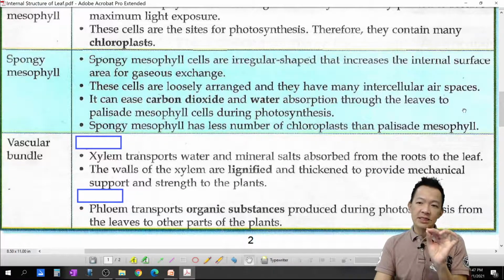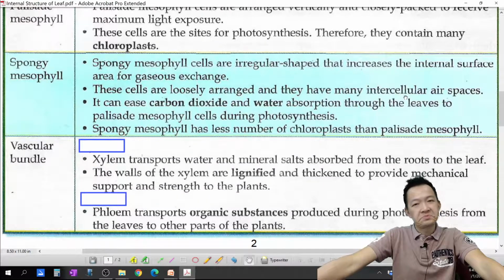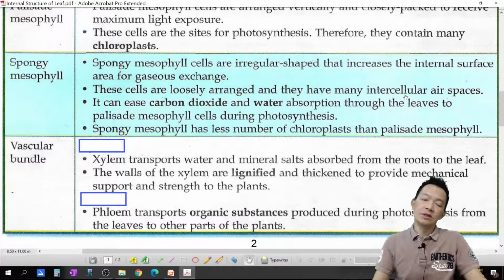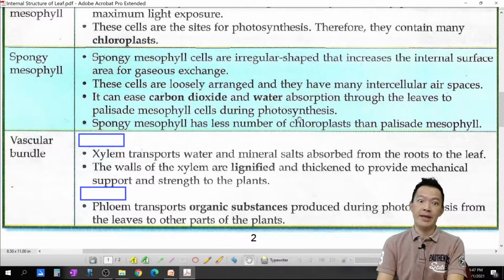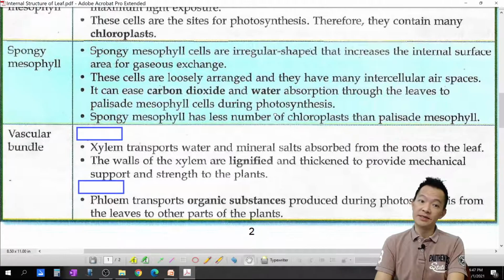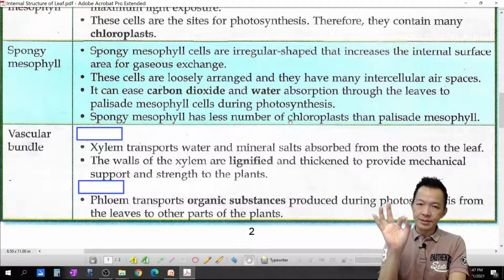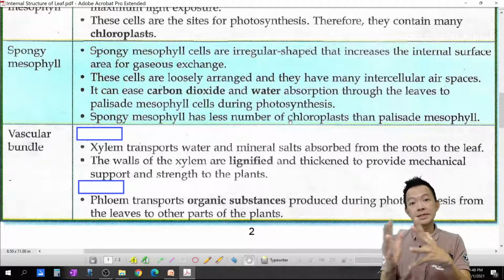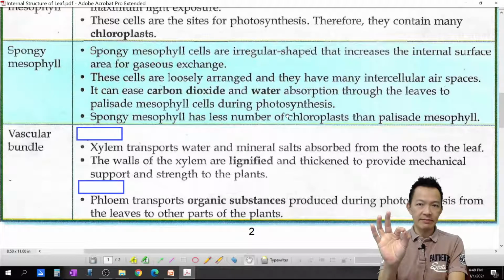When I give the answer, I just tell the answer. Do you think I memorize? Very little. I have so many subjects and lessons to memorize, so I don't memorize every word. If you understand, it's okay. So this is the reason why they arrange loosely: to let air pass through for gas exchange. And the quantity of chloroplast compared to the palisade mesophyll is less.